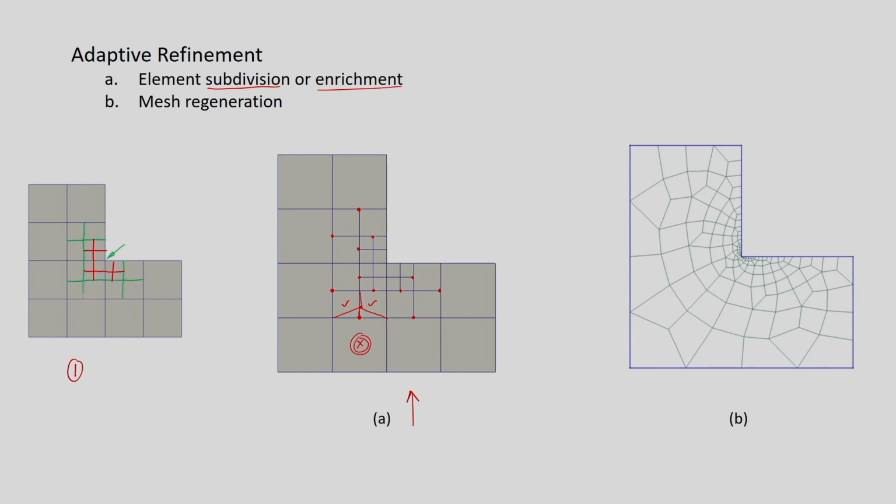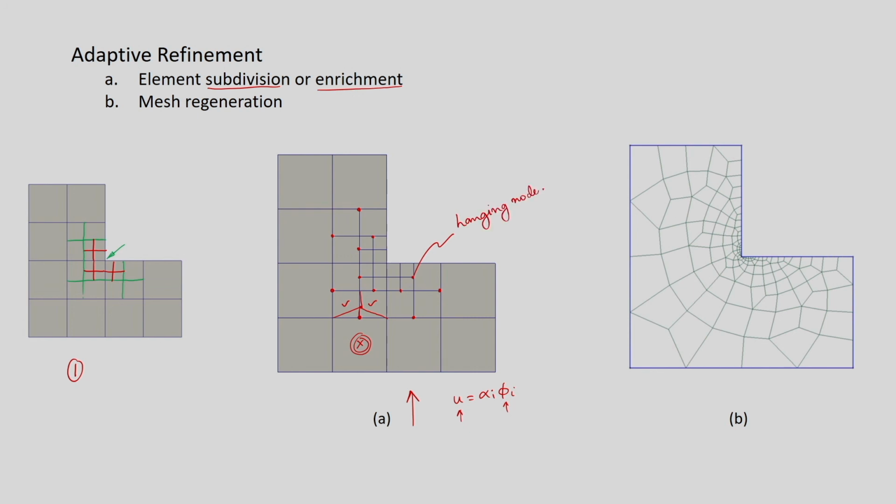So, the associated u, that is the unknown, because you are writing u equal to alpha I phi I, if the phi i's become discontinuous, then u becomes discontinuous. So, that is not what we started with. In order to obviate that, let me tell you that these nodes are called hanging nodes.